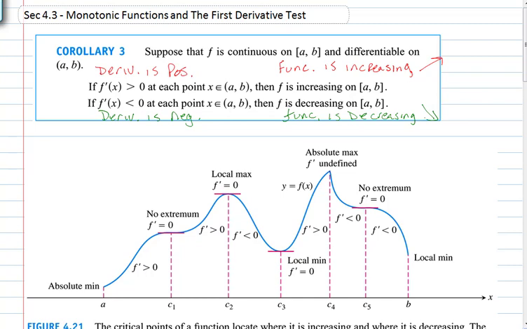And if the curve is going up as we move from left to right, then this derivative is going to be positive because any tangent lines right here are going to be increasing lines, right? Even if it's horizontal at some point, this function's going up, right?